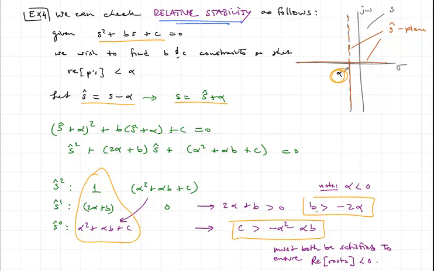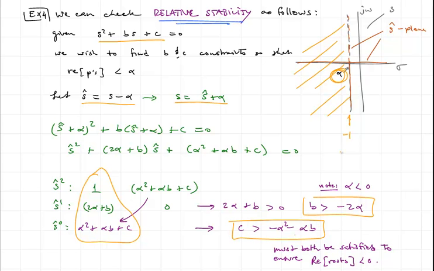B, in order to stay, let's say, to the left of this line alpha, B must be greater than minus 2 alpha. Now typically alpha here is going to be negative, right? So let's say alpha was minus 1. Then B would have to be greater than 2.